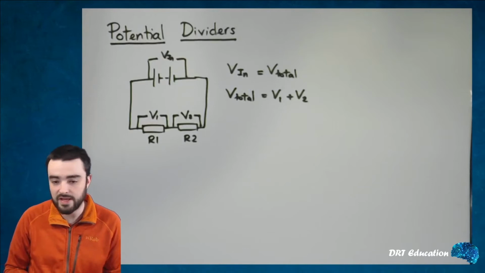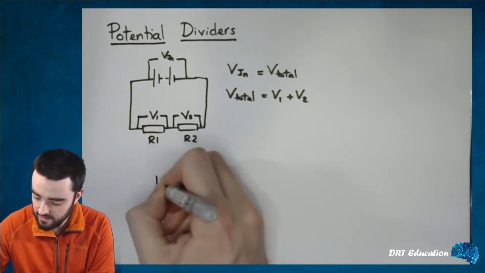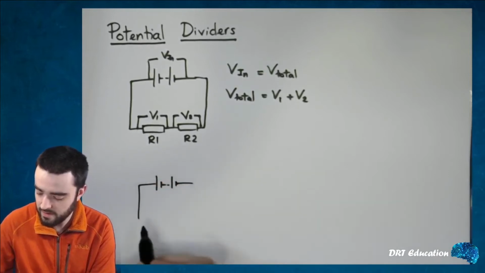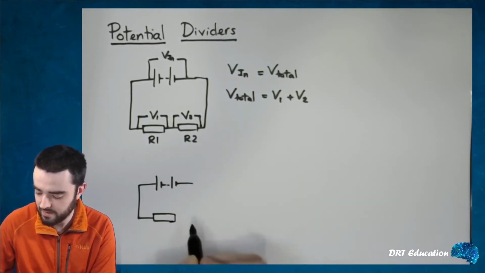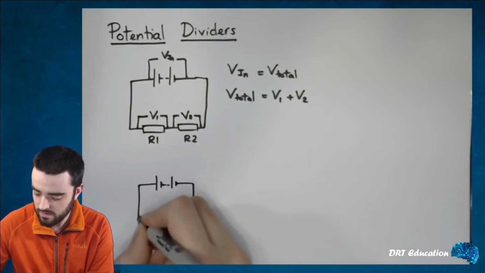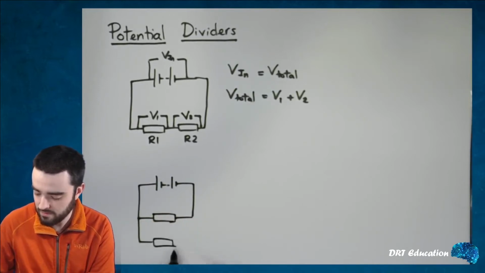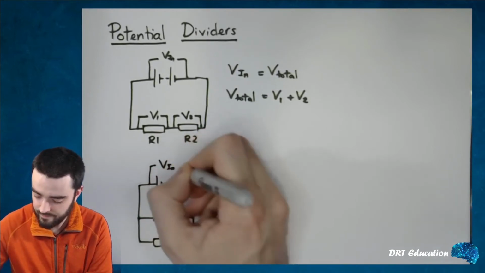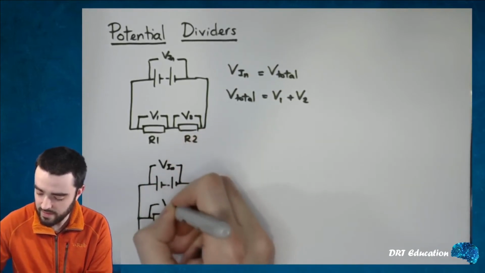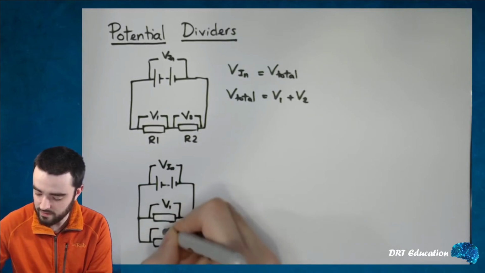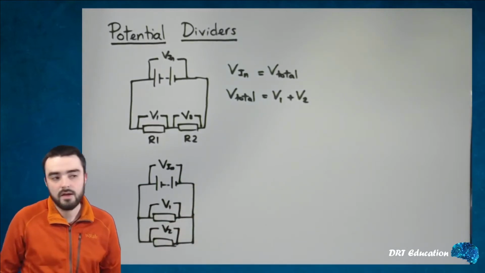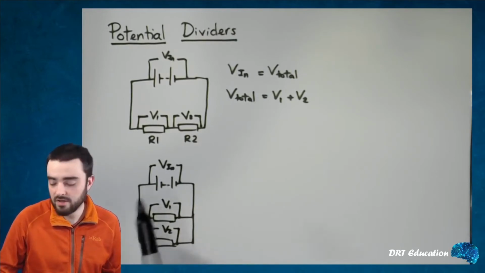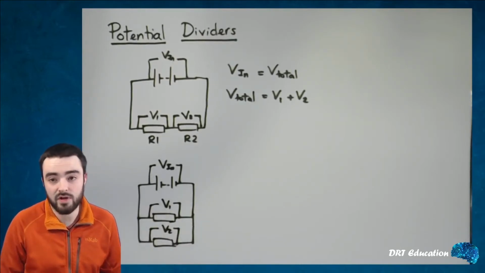Now we need to think about in parallel. So again, if we just draw ourselves a battery and then put two resistors in parallel, and we look at what the voltage is going to be across here. Because they're going down different branches, there are different charge carriers going down each branch.